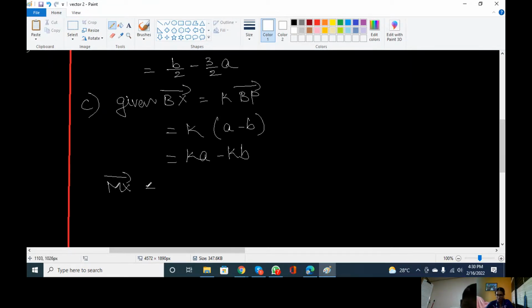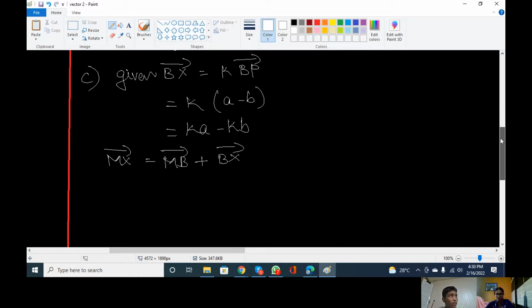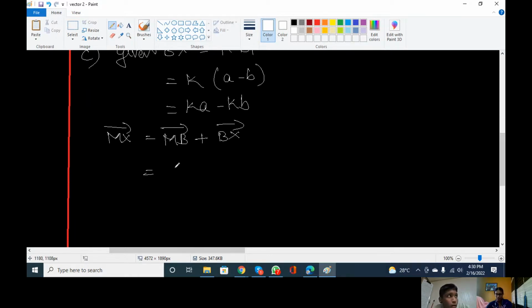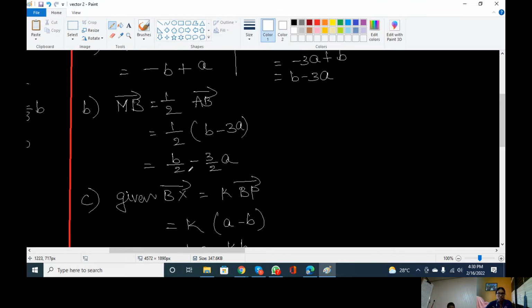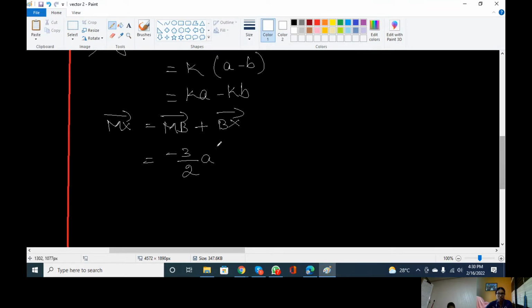So we can write MX is equal to MB vector plus BX vector. That is nothing but MB, negative 3 over 2A plus B by 2, and BX is here, plus KA minus KB.